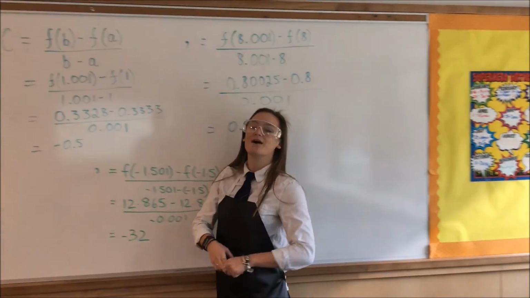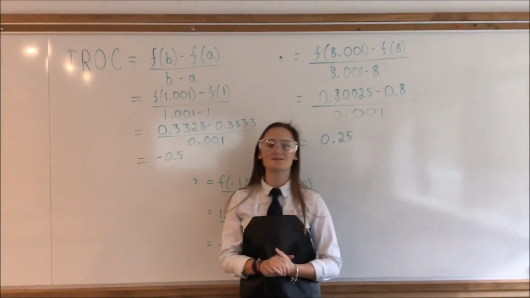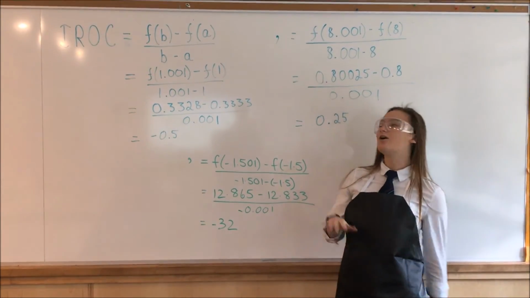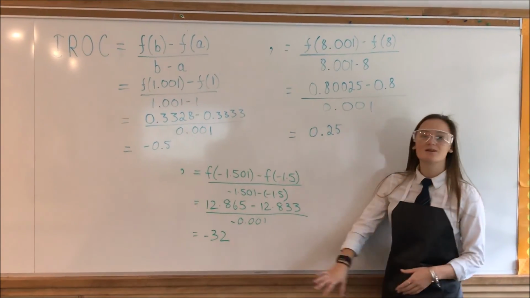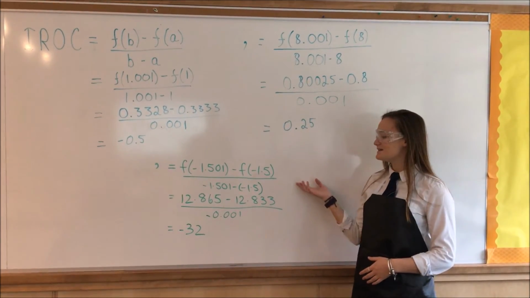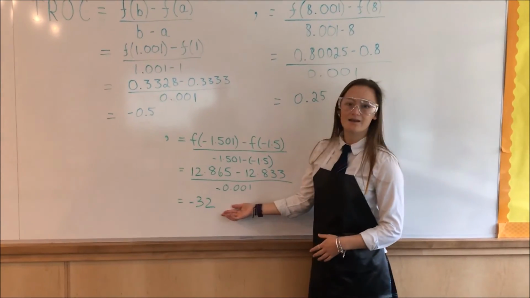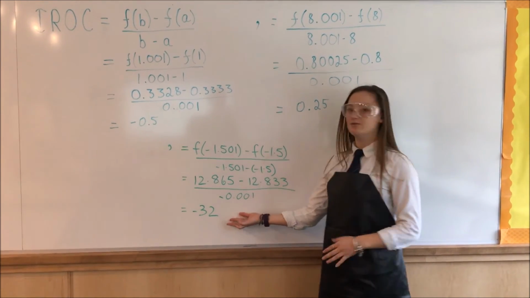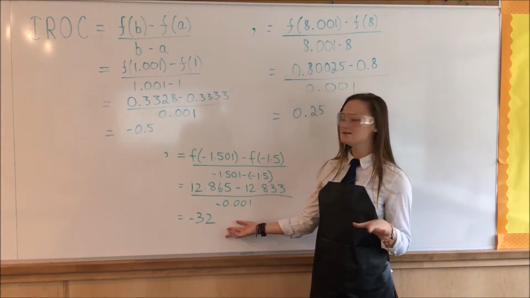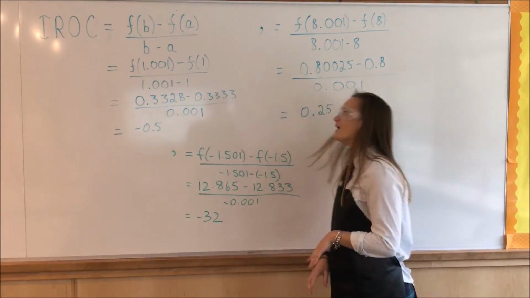Hello there. I'll be talking to you about the IROC, or instantaneous rate of change. So this element is a very unstable element, and it's constantly changing. We're going to start by finding the IROC at negative 1.5. As you can see, I did the calculations, and we found negative 32, which is a very high rate of change. It is also decreasing, that's why it's negative.